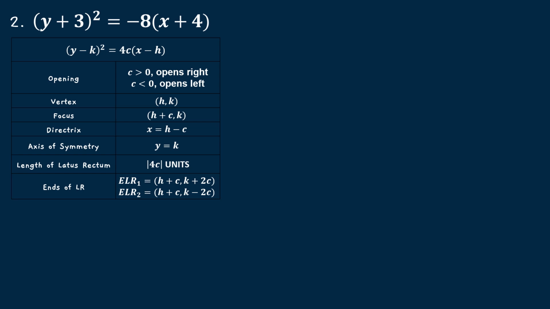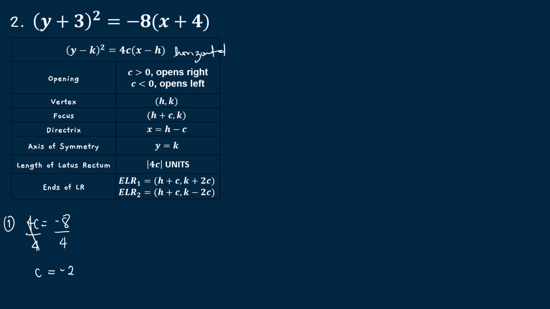For example number 2, let us have y plus 3 quantity squared is equal to negative 8 times x plus 4. Okay, so again, this is still a horizontal parabola. Then the value of your 4c is equal to negative 8. Divide both sides again by 4.